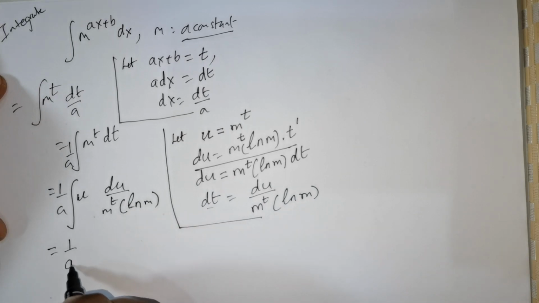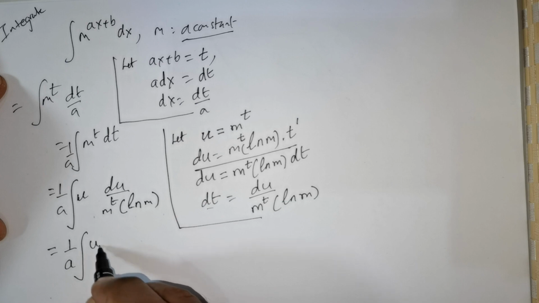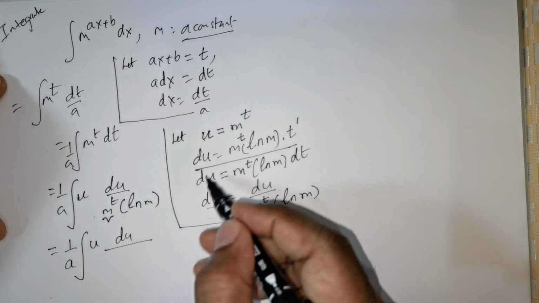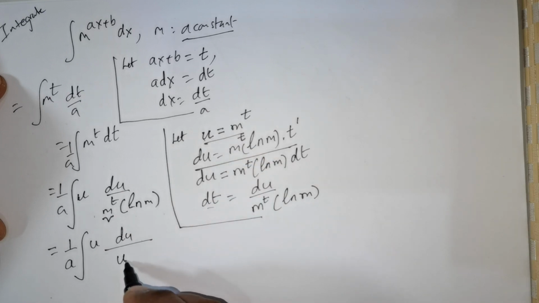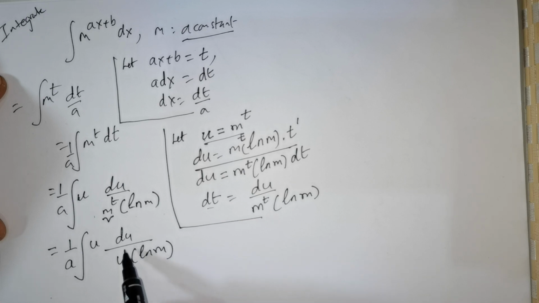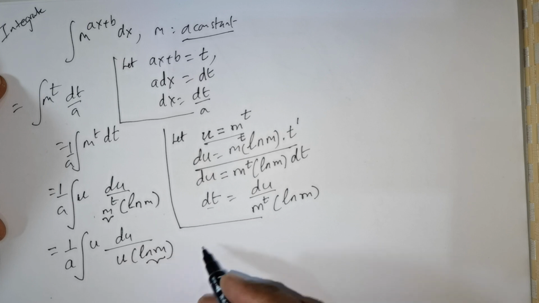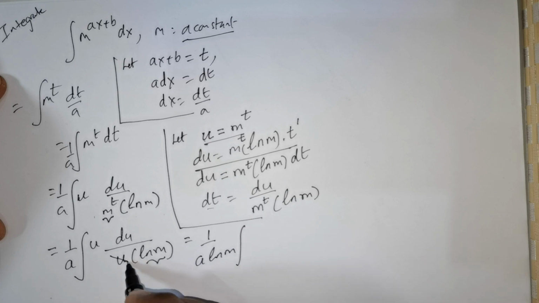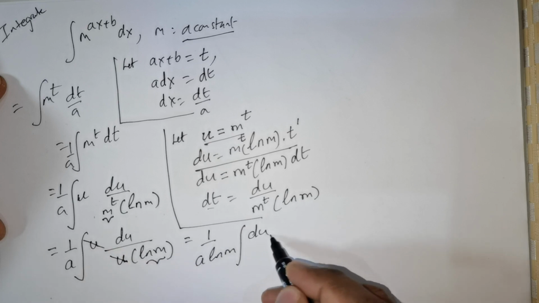So I'm going to rewrite this as 1 over a times integral u times du over, in place of m raised to the power of t, I will be substituting u, followed by ln m. Now this is with regard to u, but ln m is going to be constant because it contains no u. So I'm going to rewrite this as 1 over a times ln m integral. A u and a u can be cancelled, giving me du.